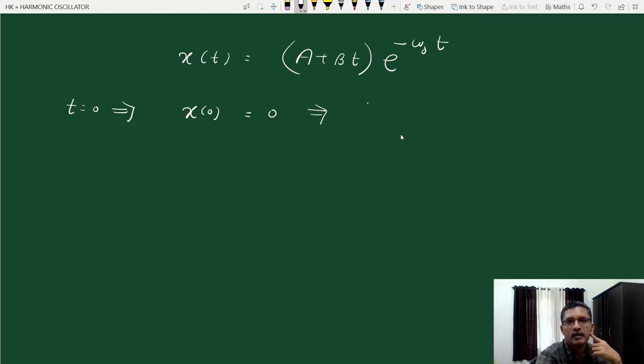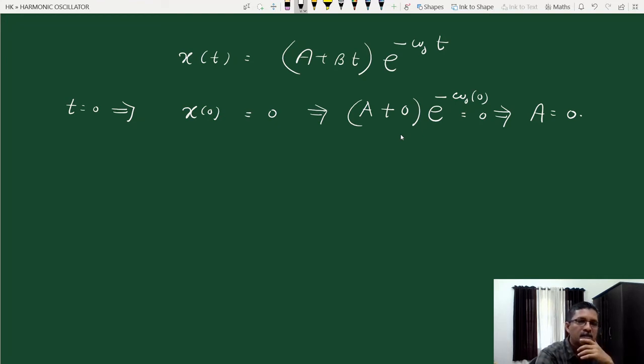What you get: a plus 0, right, e raised to minus omega 0 times 0, so the exponential part becomes 1. So we get a is equal to 0. So at initial time, if you put the condition that this is in equilibrium position, what you get is a is equal to 0.